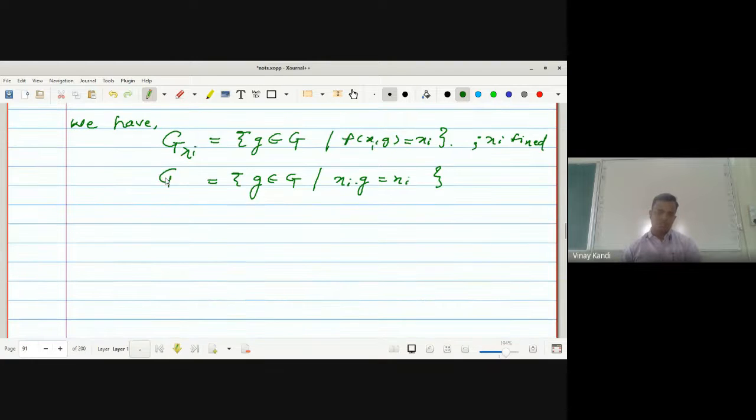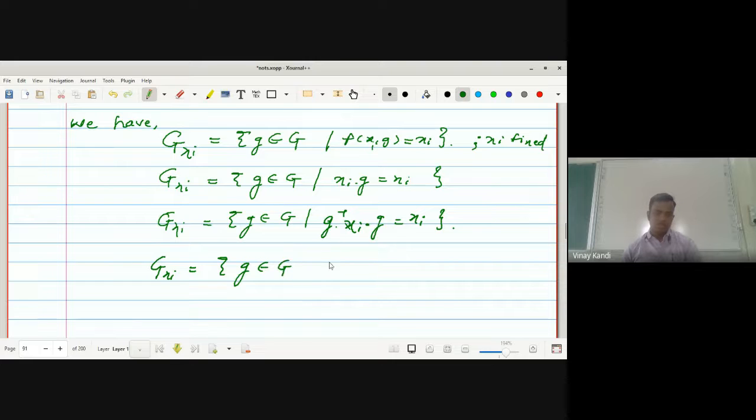So G Xi is equal to the collection of those elements g belonging to G such that Xi into g is equal to, by pre-multiplying both sides by g inverse, g into Xi.